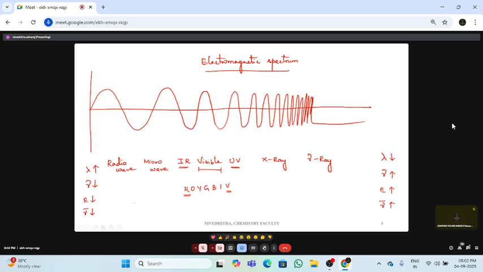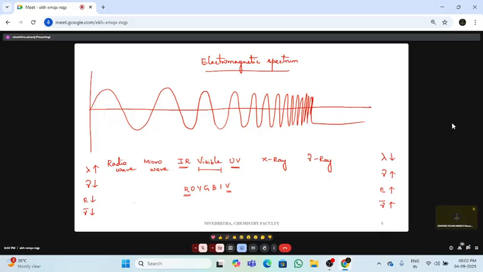See, from the spectrum, we can understand that radio wave has the lowest energy and X-ray has the highest energy. Among microwave and X-ray, which has higher energy? X-ray.